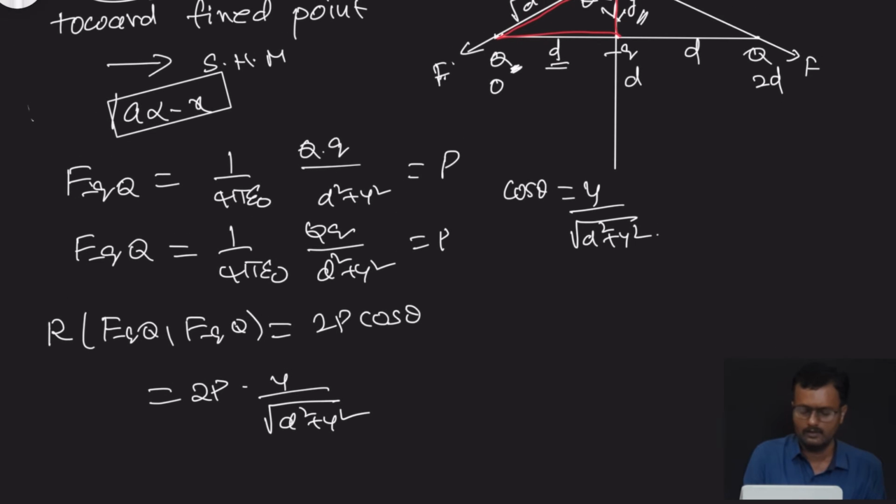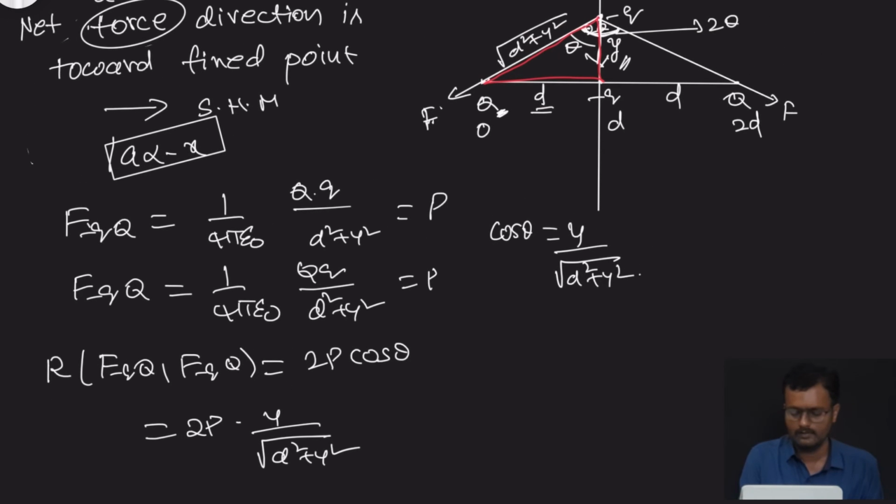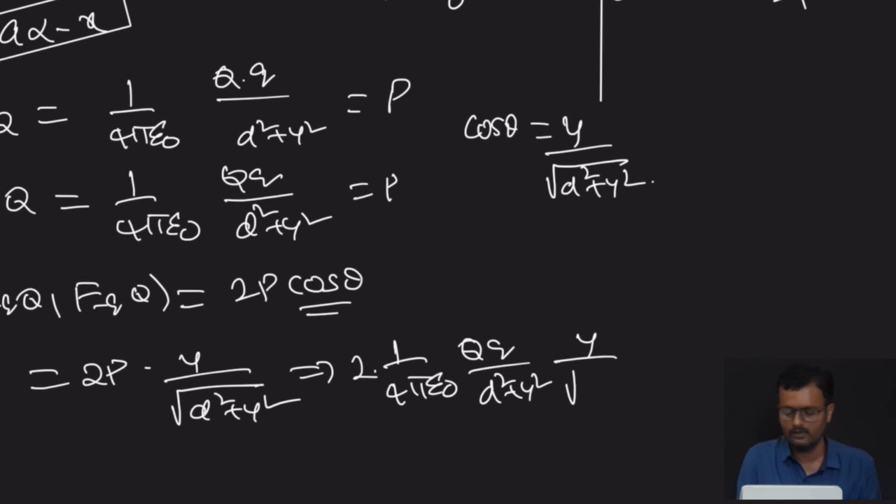That implies, what is P? P is 1 by 4 pi epsilon naught, Q cubed by d square plus y square, into cos theta, y by square root of d square plus y square. Square root of d square plus y square is the whole power 1 by 2, so the total power is 1 plus 1 by 2, that is 3 by 2.